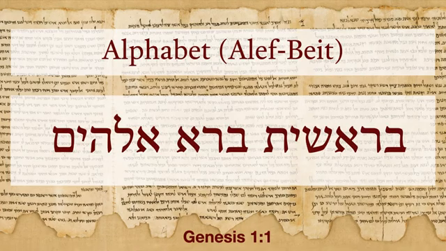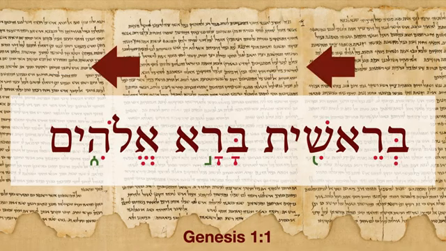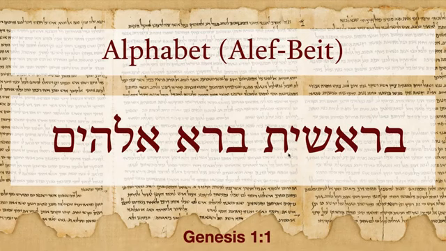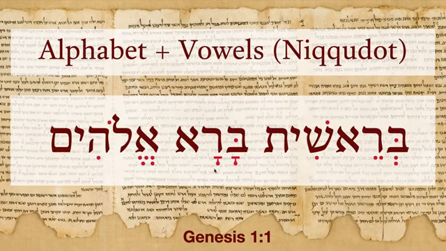So what you see here is that in the previous, we have these vowels and markings in the red and in the green, whereas if you get rid of them, what you have is the bare alphabet, Aleph, Beit, or alphabet. That's what we need to learn first. And the second step is to learn the vowels, called nikudot in Hebrew.